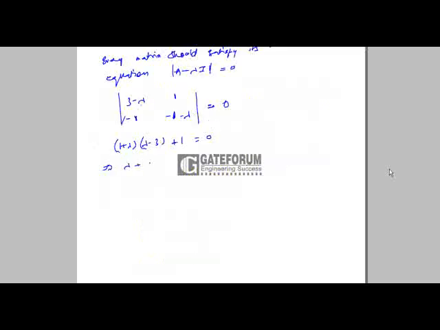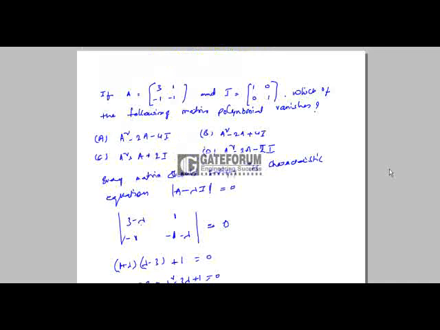So lambda square minus 3 lambda minus 2 lambda minus 2 is equal to 0. So here we can say option D is the correct option.